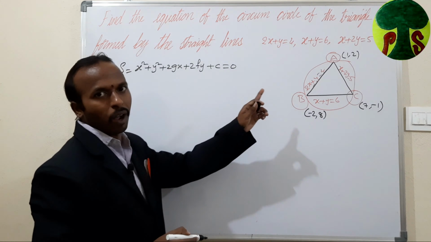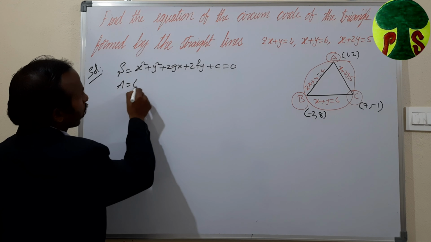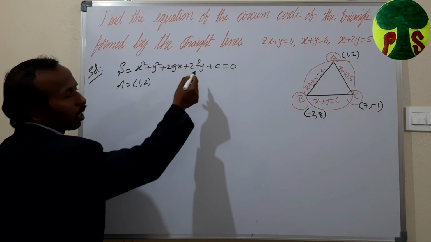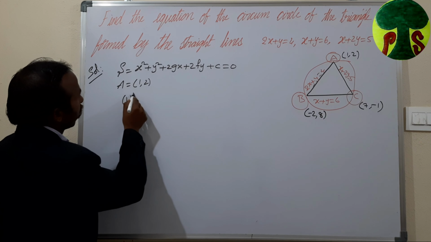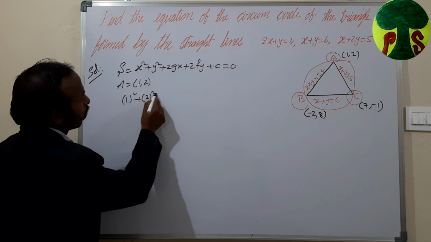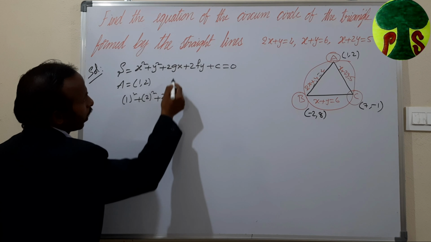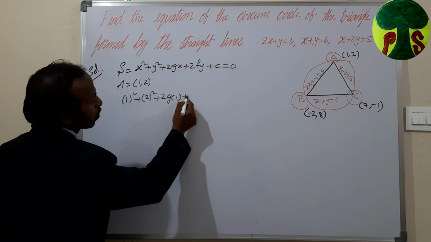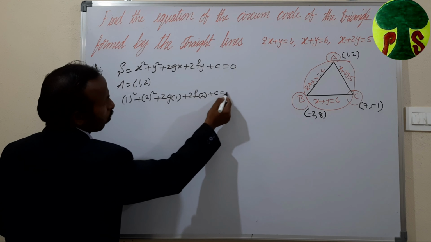Now we will substitute point A. A equal to 1 comma 2, substitute in the circle equation. Then 1 square plus 2 square plus 2g into x means 1 plus 2f into y means 2 plus c equal to 0.